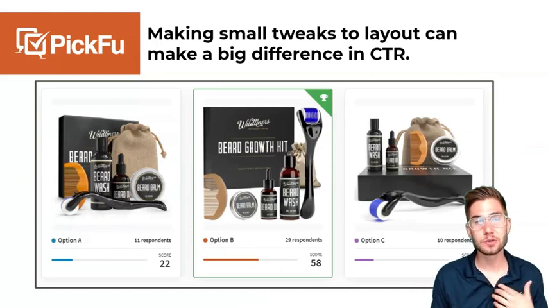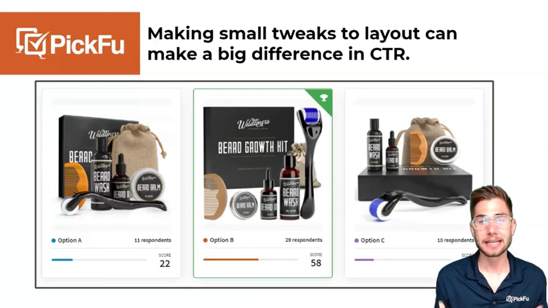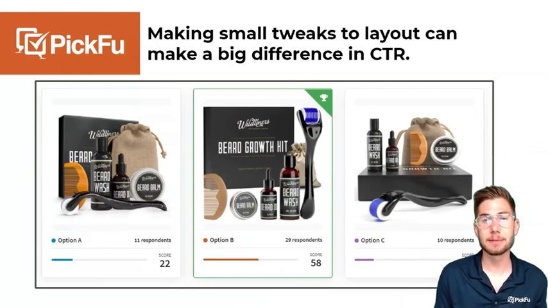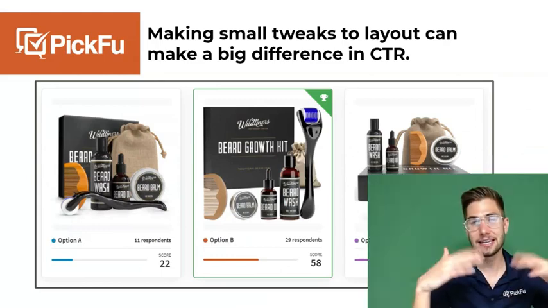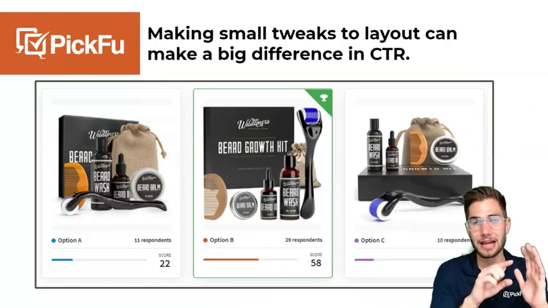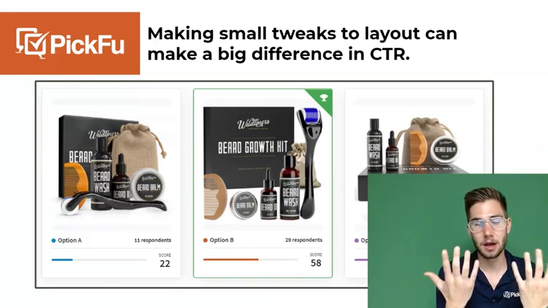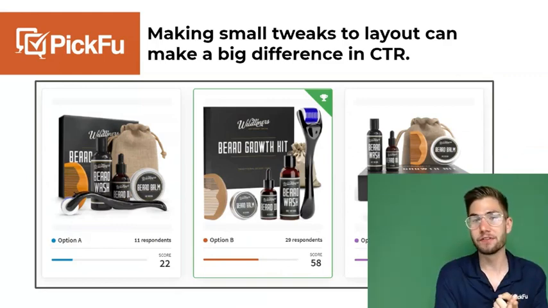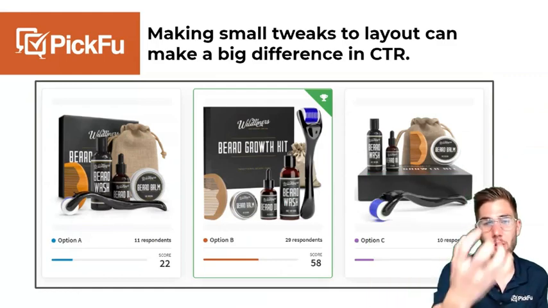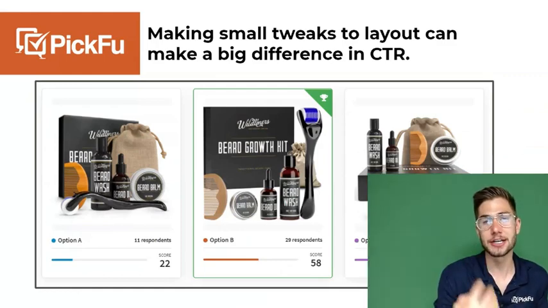The other thing that you can do with your main image to make some serious gains is just try different positioning in the layout of the product itself. Again, when I ran this poll, I wasn't necessarily sure which one was going to win, but it came back that option B was the winner, right? And basically what we've seen time and time again is that if you can have a very clean and symmetrical layout of the product that clearly shows everything that's included, that has anything that's text-based up to the front, it's not only going to be more visually appealing, but again, think about how clear this is transmitting information into your brain.